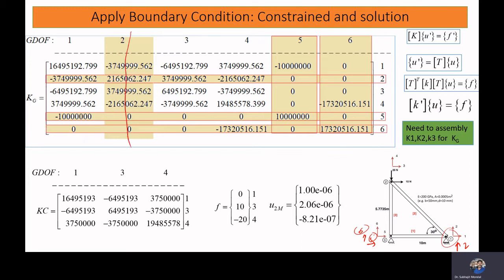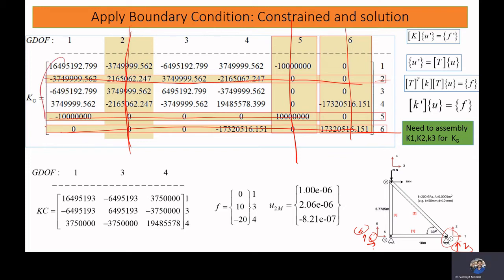Second degree of freedom is restrained, so we eliminate the second column and second row. Again, the 5th is restrained, so the 5th column and 5th row, and the 6th as well. In the force vector also you have to remove the corresponding terms.